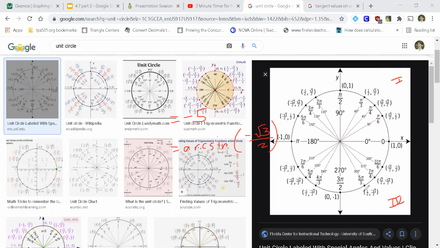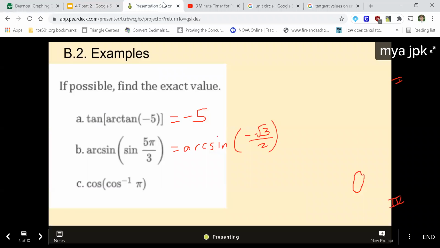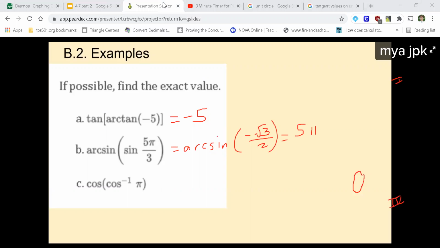And the nice thing about these problems is you already found it. This is the angle that produces that y value. But again, that angle is not in the range. To make it fit in the range, we have to subtract 2 pi from it, which gives us negative pi over 3. So the arcsine of the sine of 5 pi over 3 is negative pi over 3.